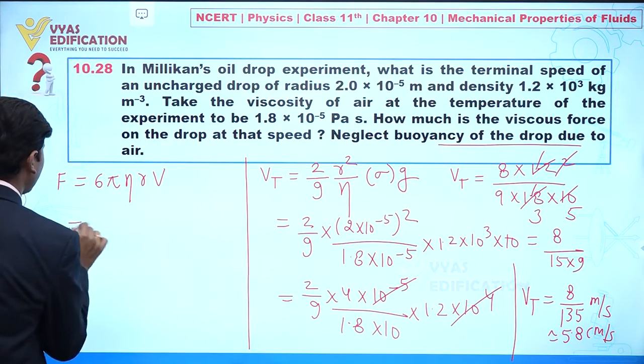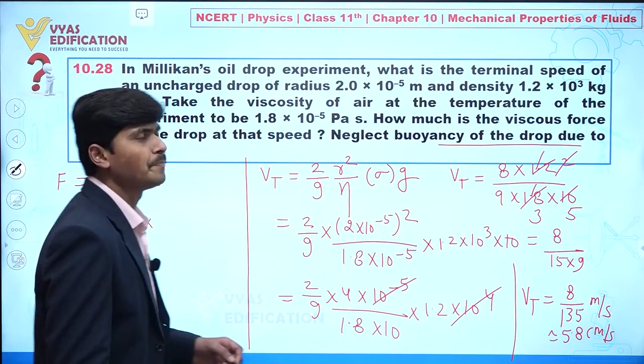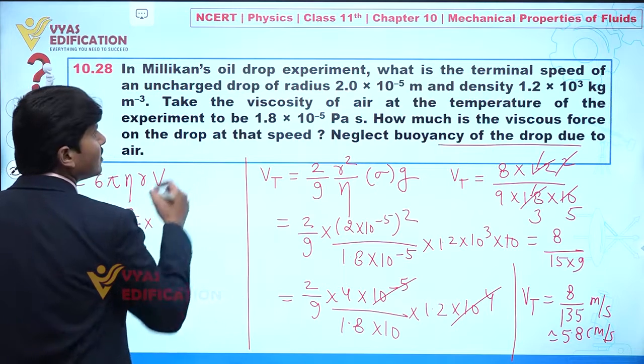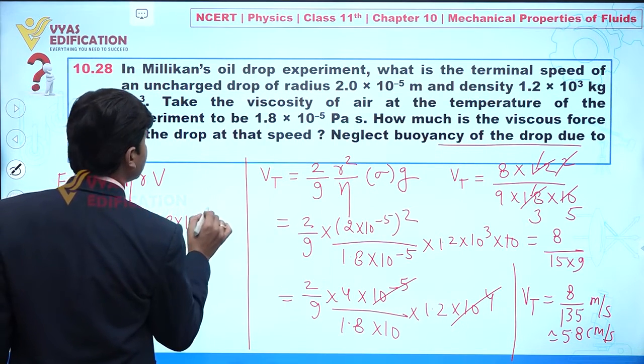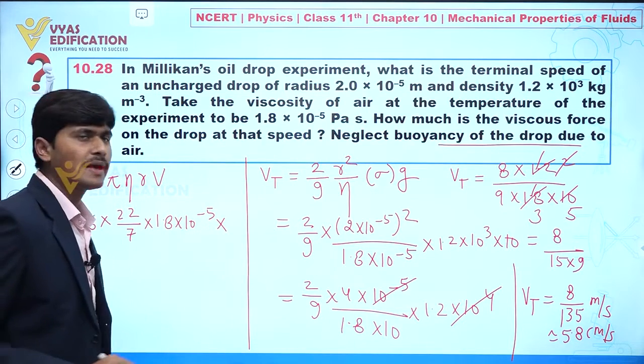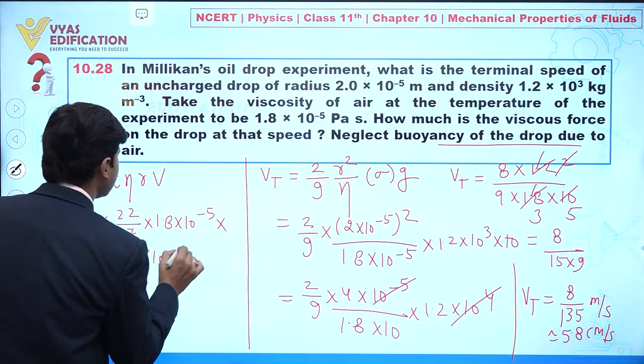So we can say 6 into 22 by 7 into eta, where eta means viscosity, this is 1.8 into 10 to the power minus 5, multiplied by the radius, which is given as 2 into 10 to the power minus 5.